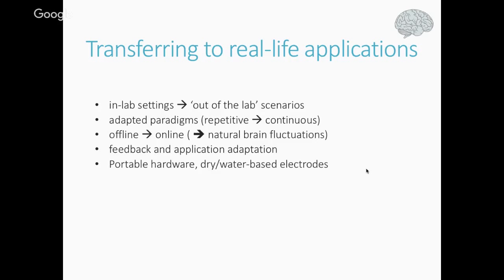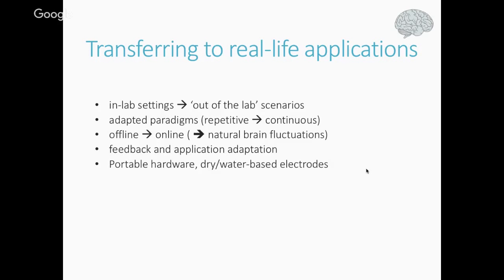Another aspect relates to the paradigms, which may be transferred from the repetitive stimuli presentation, considered here when investigating the ERPs or the sensory motor rhythms in case of motor imagery, to approaches which consider continuous aspects of the brain activity, like analyzing the continuous oscillatory aspects of brain activity, triggered, for example, by workload.